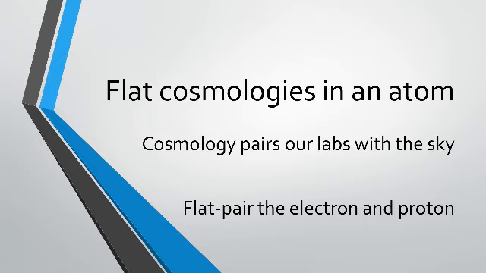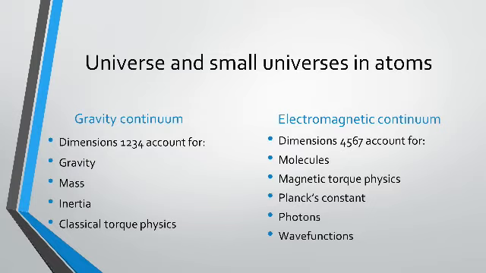Now this flat cosmology in an atom is about angstrom scale cosmology and sub-universes. These are flat sub-universes in atoms. Spin bonding is compared to spin diffusion in this new concept.